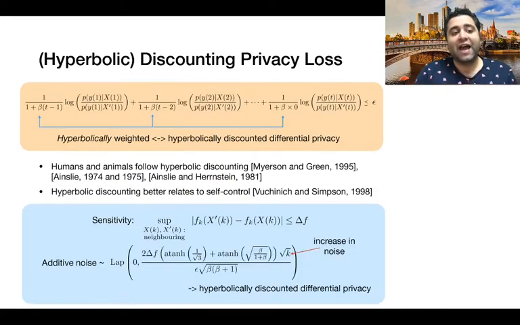Another way of discounting privacy across time is hyperbolic. Now, why would we select hyperbolic discounting? It's because of studies out there that show that humans and animals tend to often do the hyperbolic discounting when it comes to their decision making. And that's kind of motivated by self-control. So if we try to relate privacy and discounting together through the self-control, then it might be a better way to discount losses across time by a hyperbolic function.